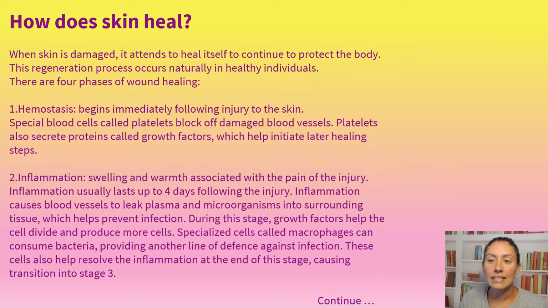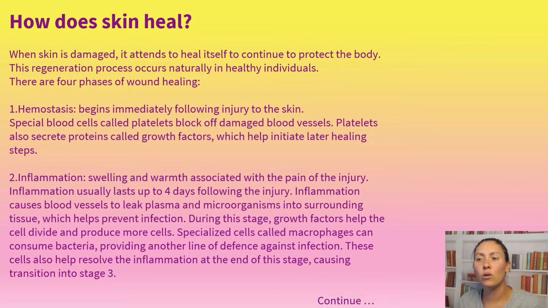Our second stage is inflammation. So this is our swelling and warmth associated with the pain of the injury. So inflammation usually lasts about 4 days following the injury. Inflammation causes blood vessels to leak plasma and microorganisms into the surrounding tissue, which helps prevent infection.